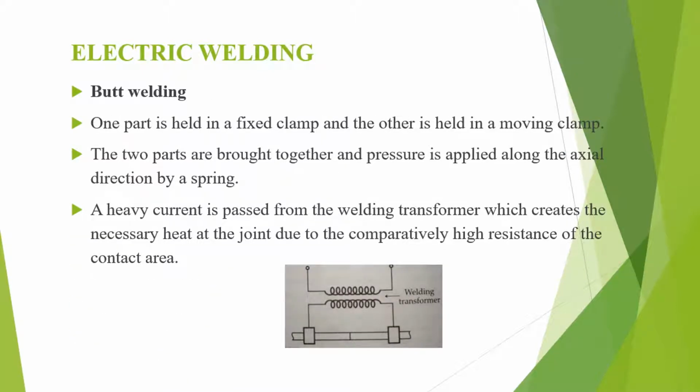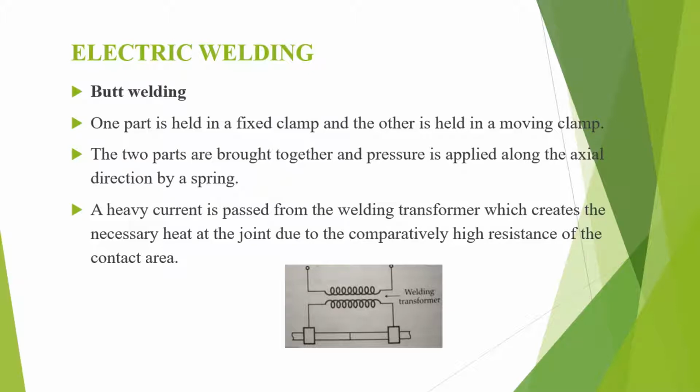Butt welding. In this welding process, one part of the metal is held in a fixed clamp and the other one is held in a moving clamp. These two parts are brought together and pressure is applied along the axial direction by a spring.